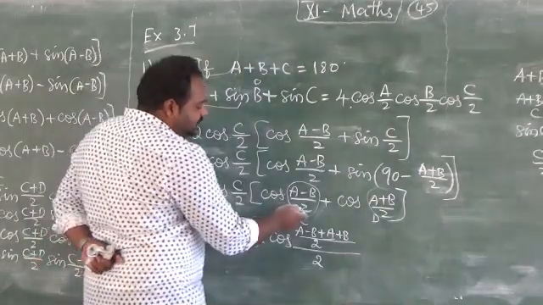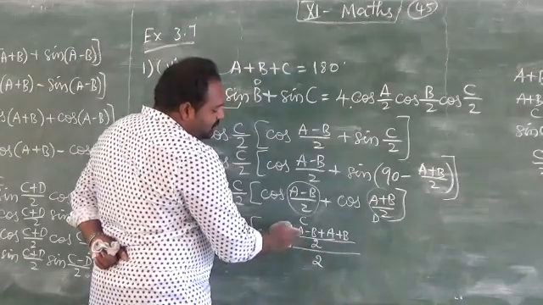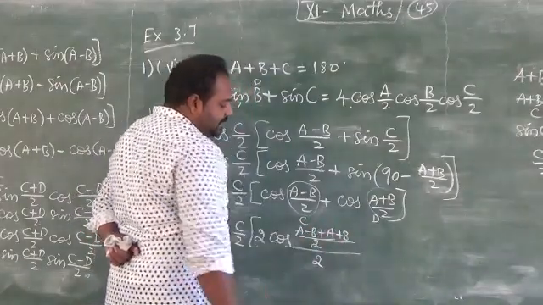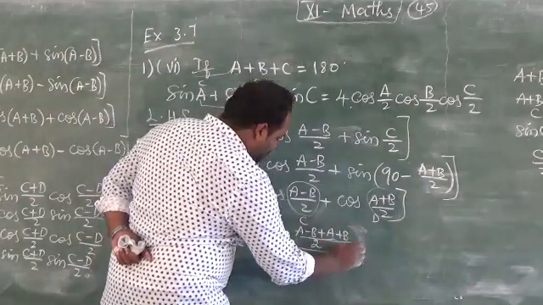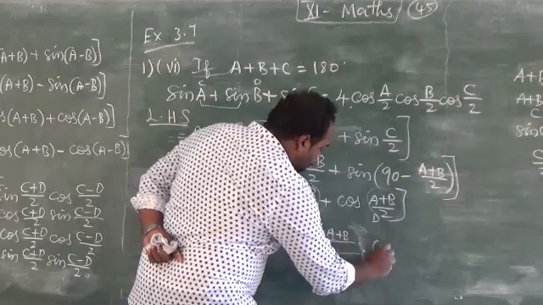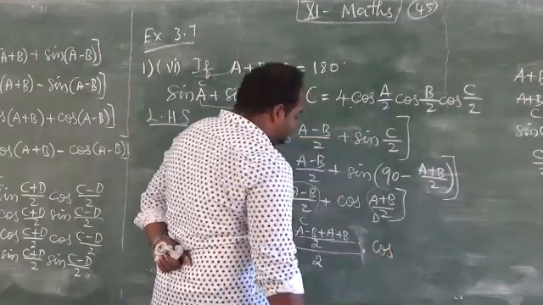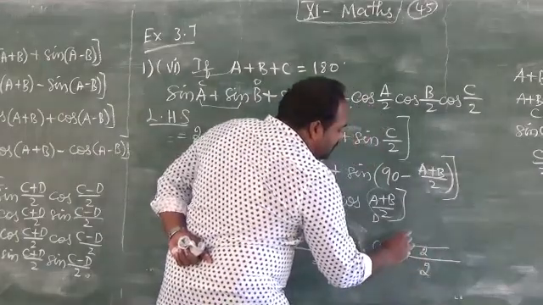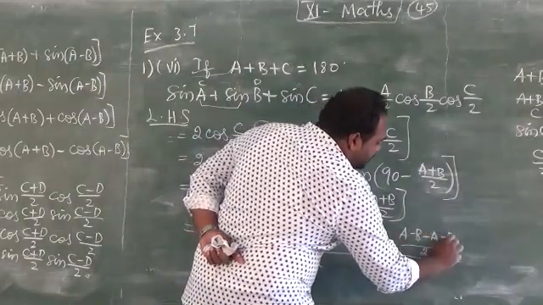So in this c and d we have a common denominator 2, then numerator a minus b plus a plus b. Into cos(c-d), here also we have a common denominator, a minus b minus a minus b.